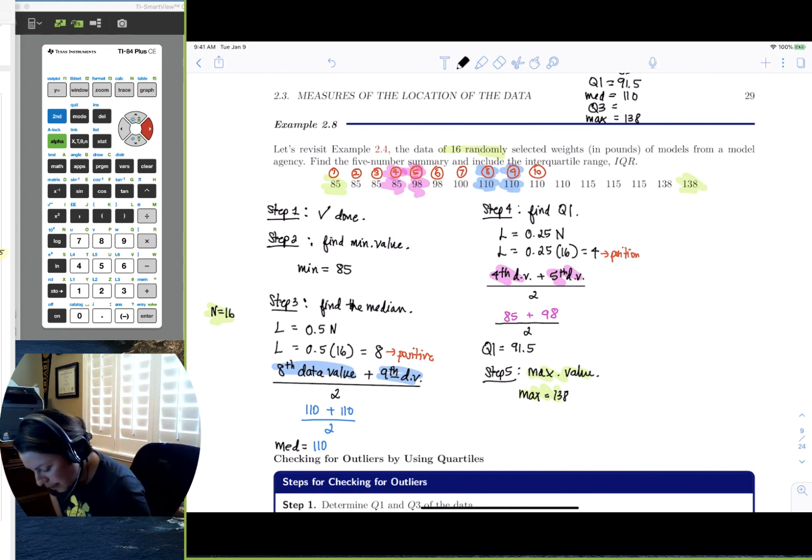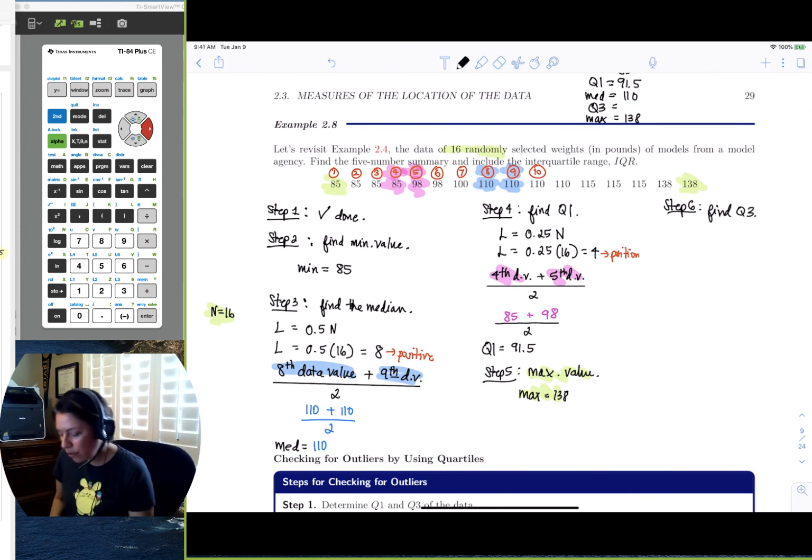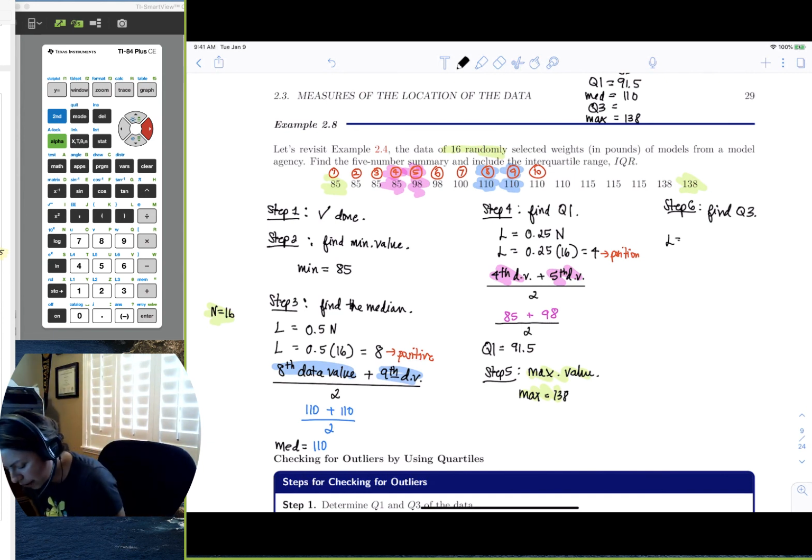Right? Okay, so let's do step 6 over here, where we find Q3. To find Q3, that would be the 75th percentile, and we would have to find the locator for that, 0.75 times n.